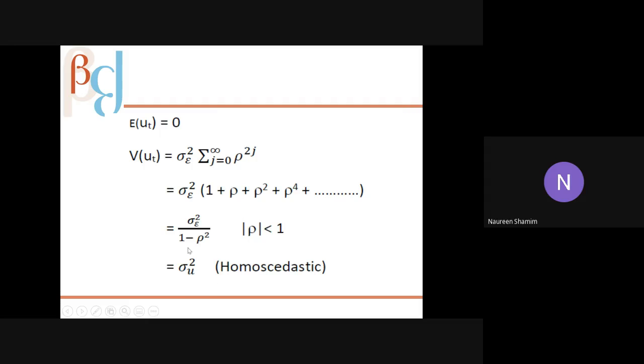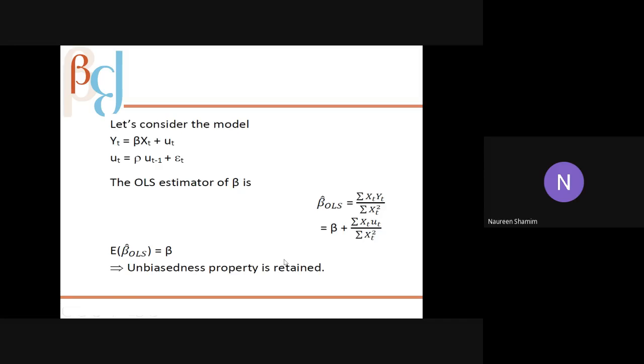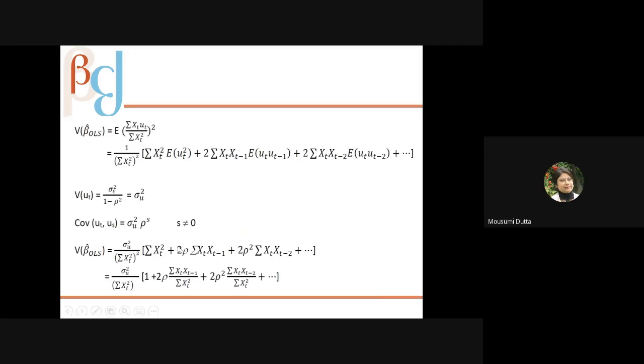So this is the value of expectation of ut square. Sigma epsilon square. Okay. And how are we getting this 1 by 1 minus rho square? I hope that is clear to all of you.